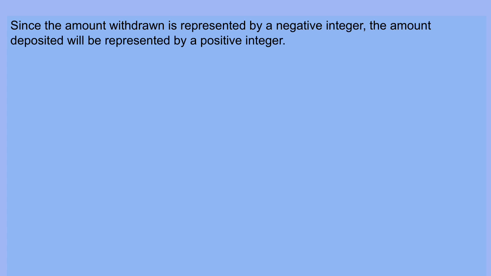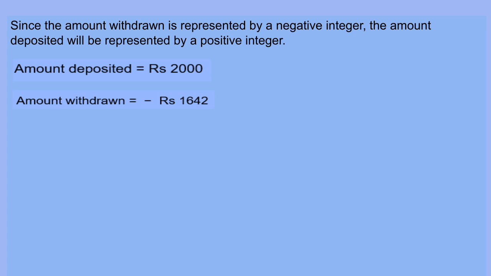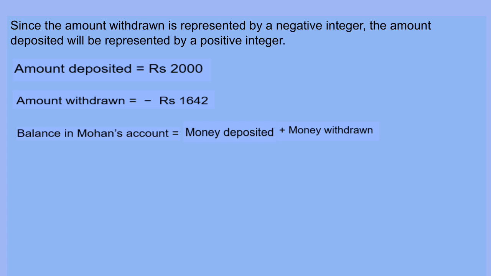Since the amount withdrawn is represented by a negative integer, the amount deposited will be represented by a positive integer. You have to write like this, and in the next step I am going to find the balance. So amount deposited is 2000, amount withdrawn is minus rupees 1642, because you are taking away money from the bank, so you have to write the minus symbol here. Next, balance in Mohan's account is equal to money deposited plus money withdrawn.